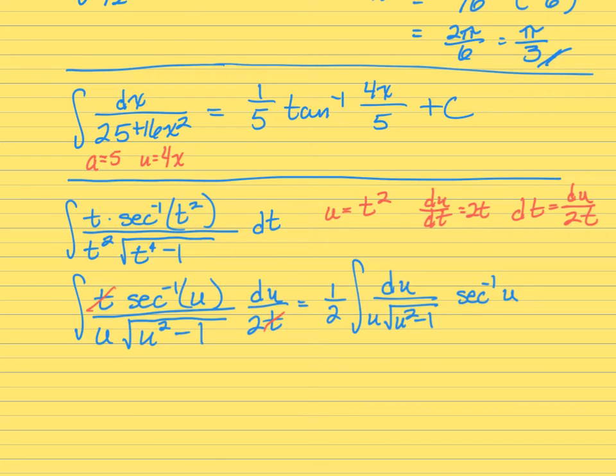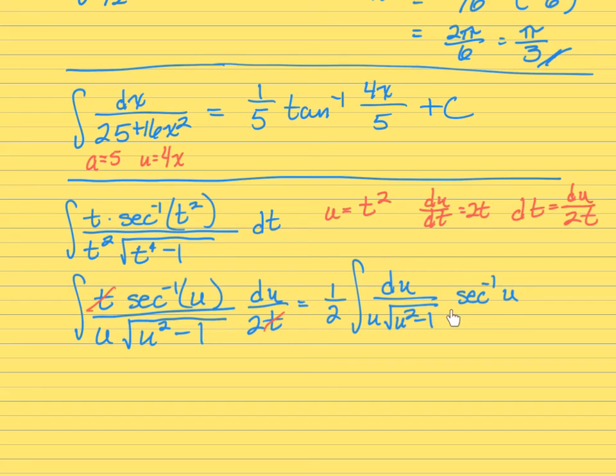Okay, so we're still more complicated. Well, not way more, we're a little simpler. But the problem is we've got this inverse secant that's part of the integral, right? If we didn't have this inverse secant, we'd just be good to go, and that would be the inverse secant of u, right? Now remember, there's a relation. So this doesn't fit our formulas yet, but remember, we hope we can do a substitution here.